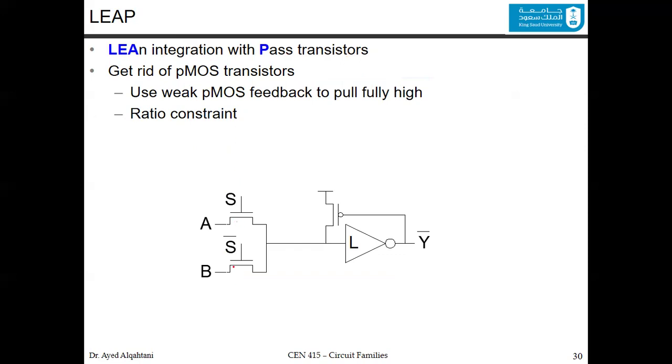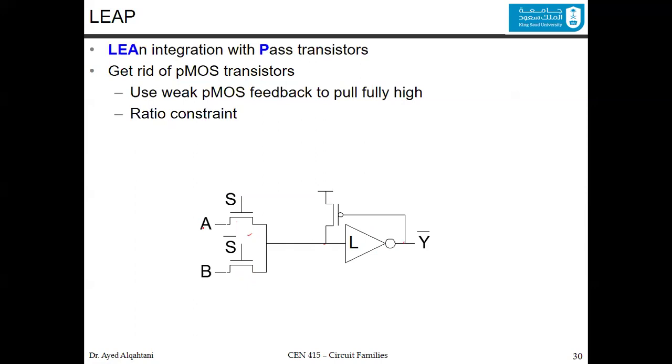And then you use the same idea that we discussed, which is the weak pull-up transistor when we talked about the leakage. So now you have this PMOS connected here because the problem is the degradation that happens in the PMOS. If you have a PMOS on, you have another PMOS on, you have a problem with degradation. The degradation of the PMOS happens when you have a certain value.